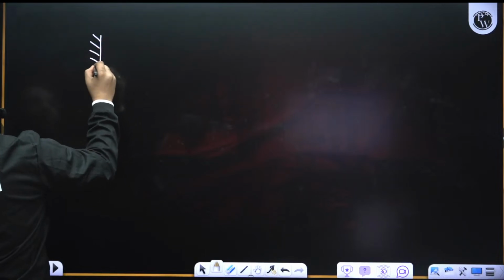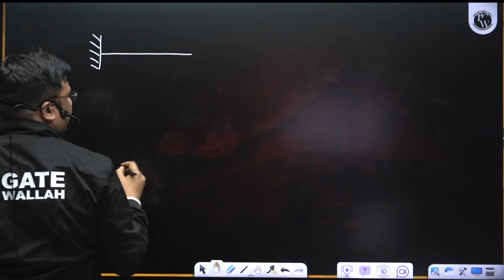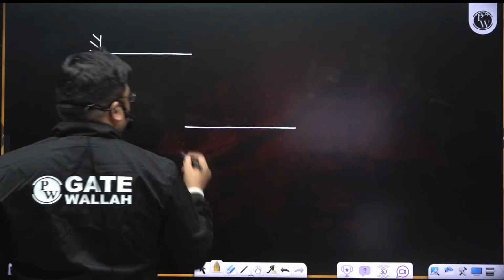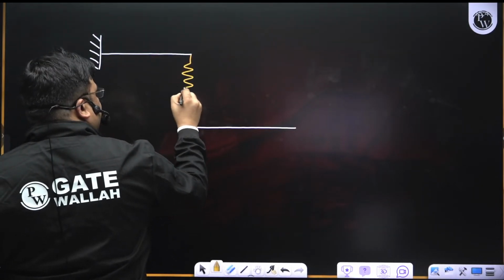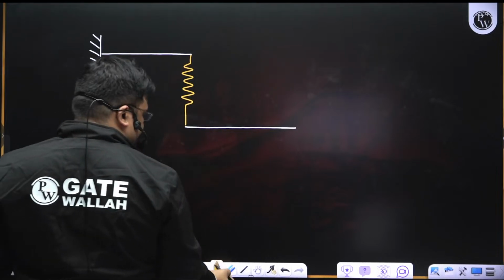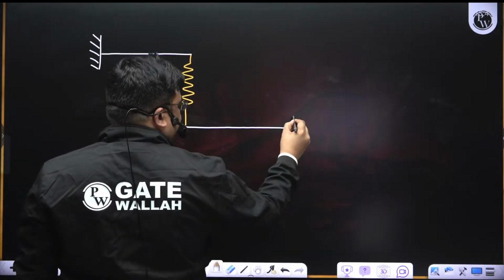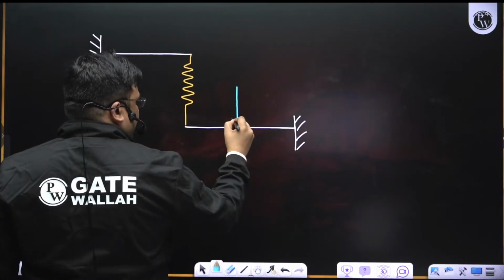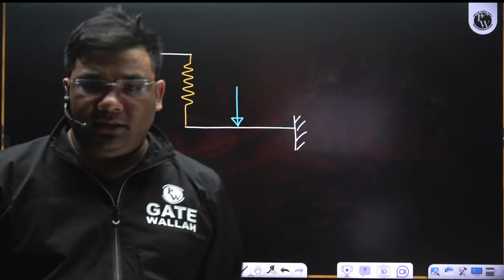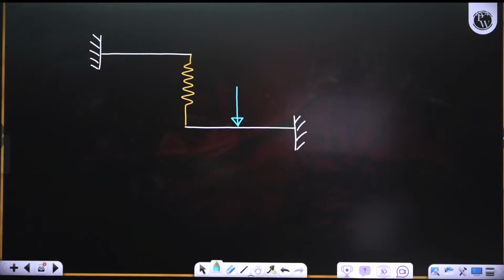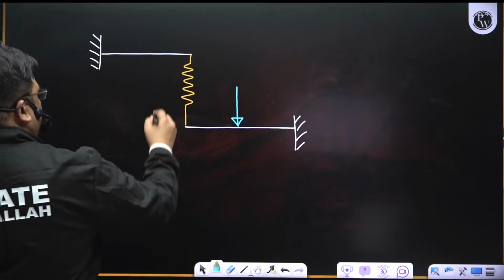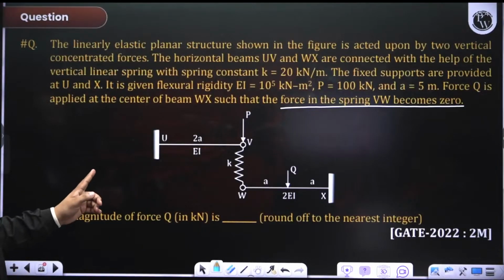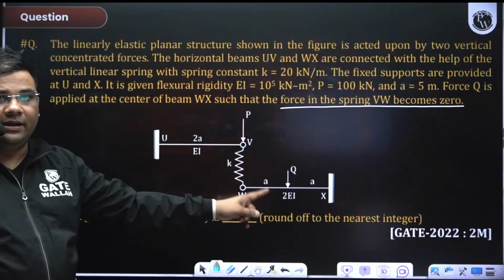There is one beam here, there is another beam here, and there is a spring connected like this. Then there is a load acting here, P, and there is a load acting here, Q.